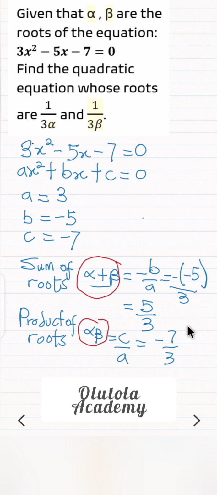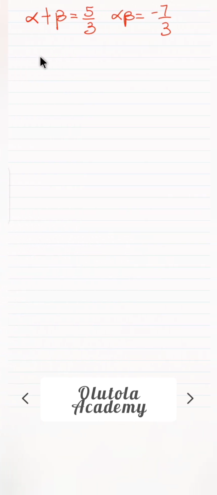I'm going to use that next to find the equation whose roots are given as 1 over 3 alpha and 1 over 3 beta.